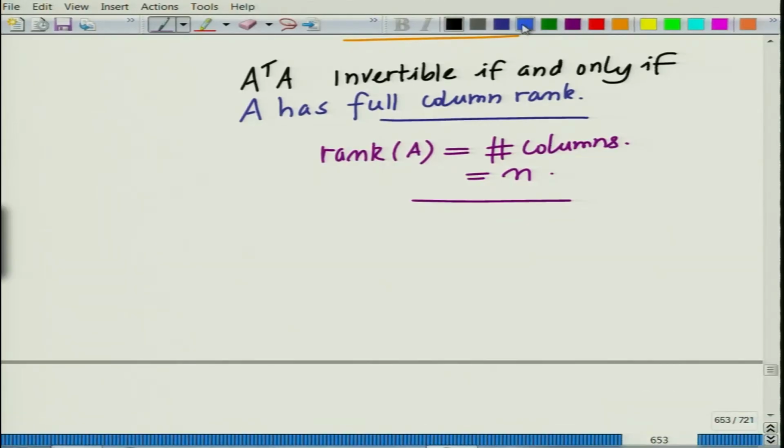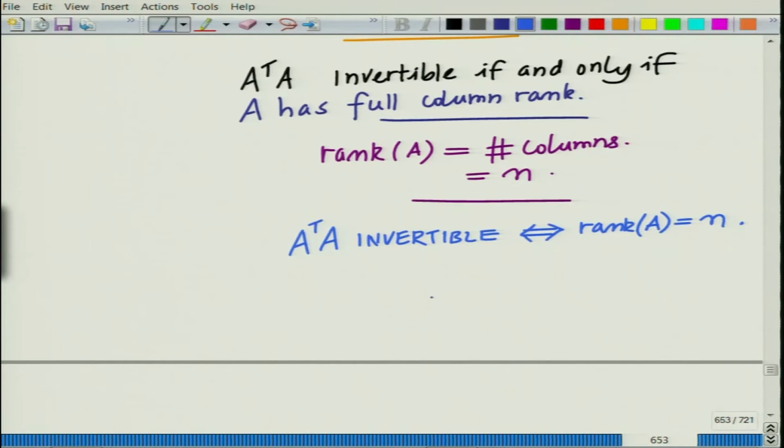So if you state it succinctly, we can say A transpose A is invertible if and only if rank of A equals n.